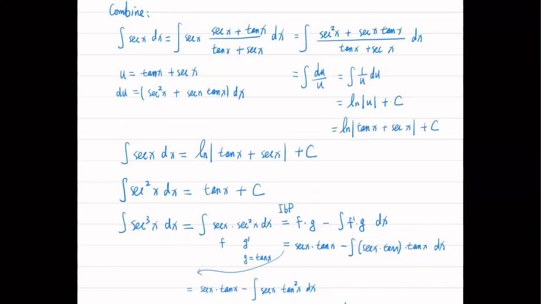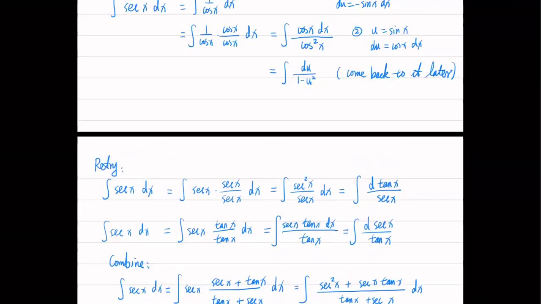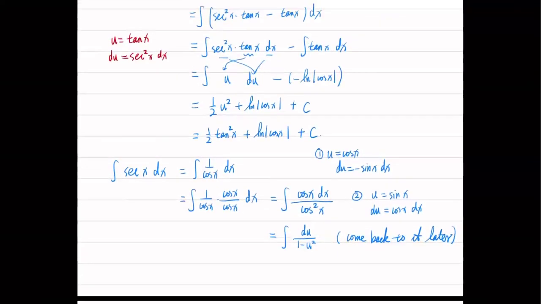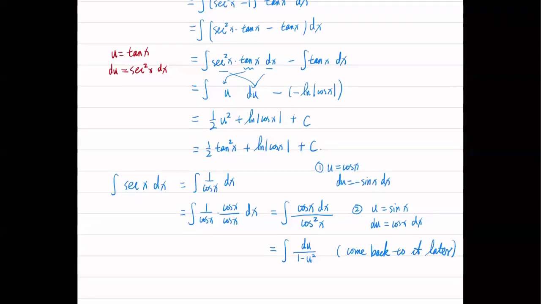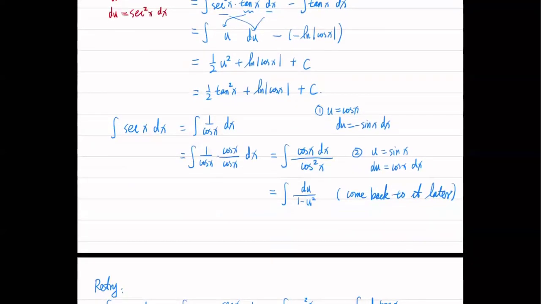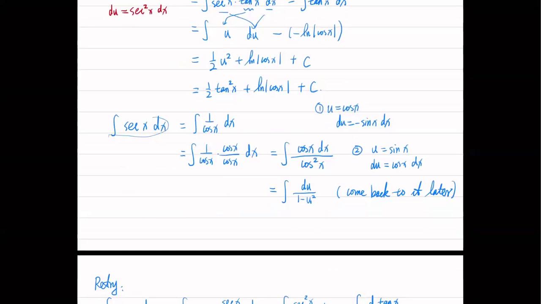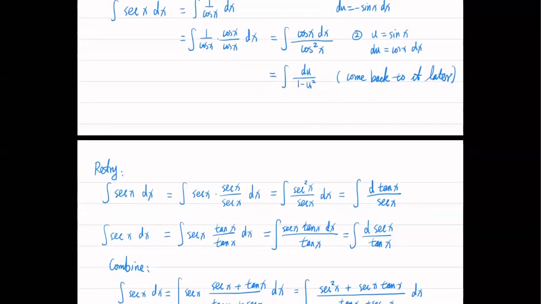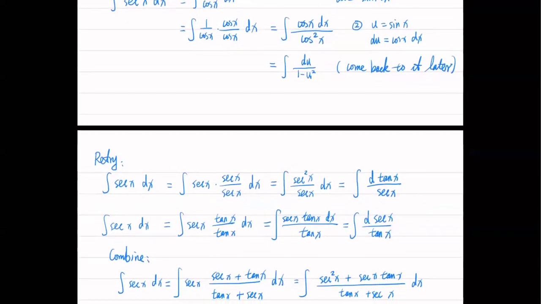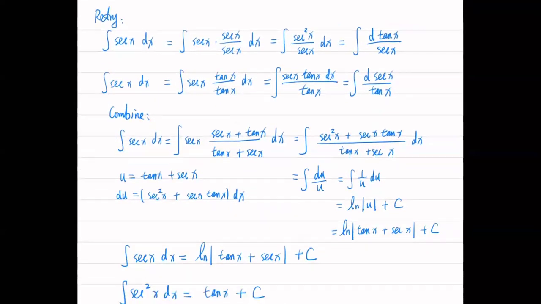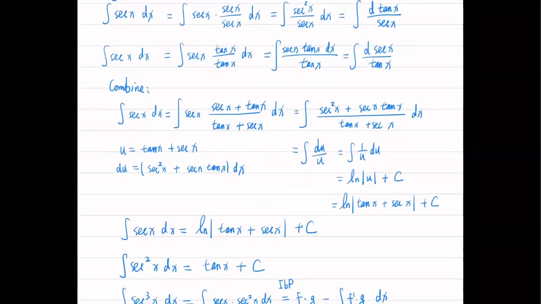For secant, you have odd power, not easy. For secant, you have even power. That's the easiest case.